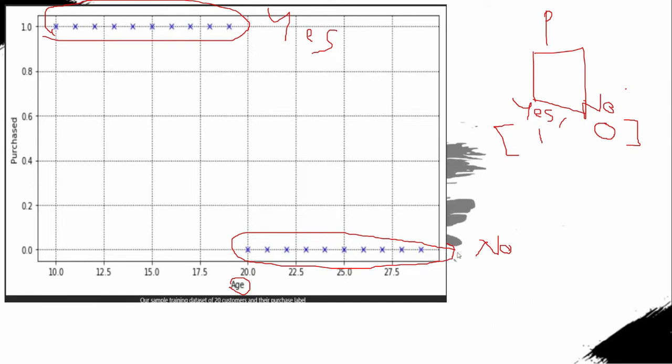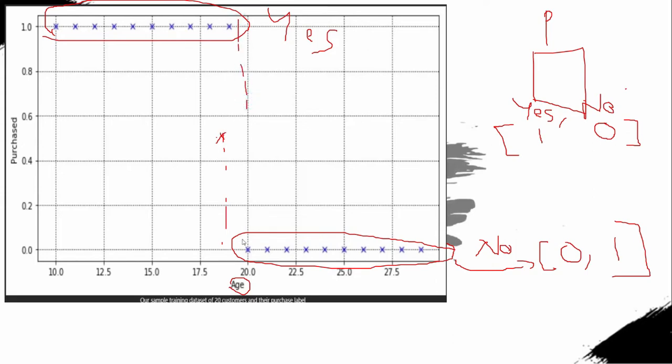And for these data points, the probability would be 0 that it will be purchased, and 1 that it won't be purchased, right? Now for this data point over here, we want to predict whether a product of this age will be purchased or not. What is the probability that it would be purchased? That is the simple question.